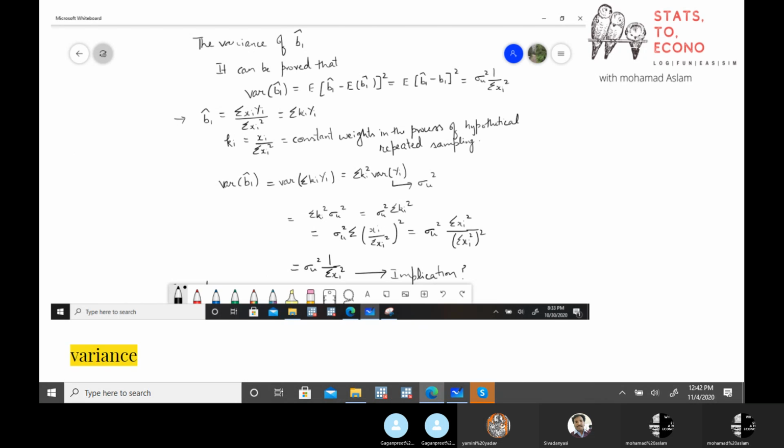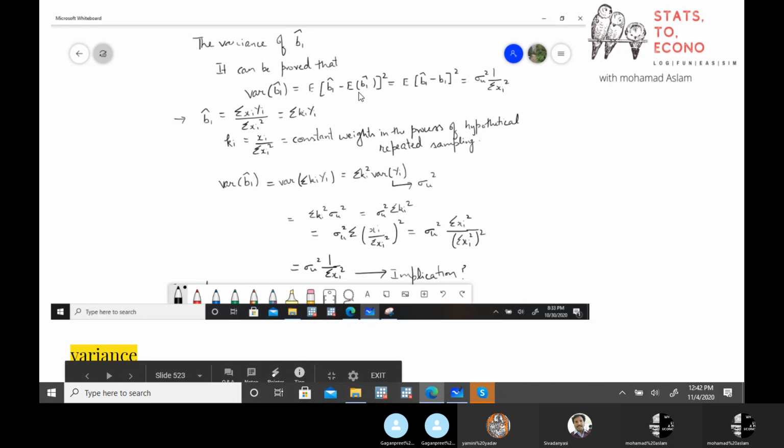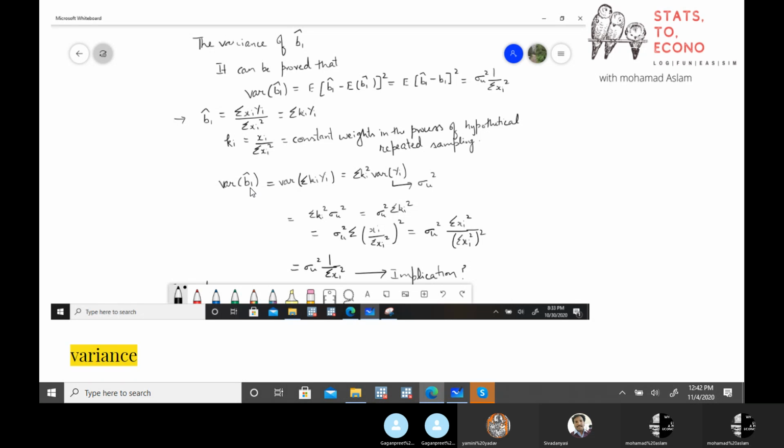And if I go by the Chinese method, that's quite easy. They won't use this particular value. In place of that, they directly use the variance of beta 1 hat, because beta 1 hat is equal to summation ki yi. So just put the value of ki yi, and since ki is a constant term in repeated sampling, it's outside the variance, and the variance is only with the yi, and the variance of yi is equal to sigma square of the residual terms, the variance of residual terms.